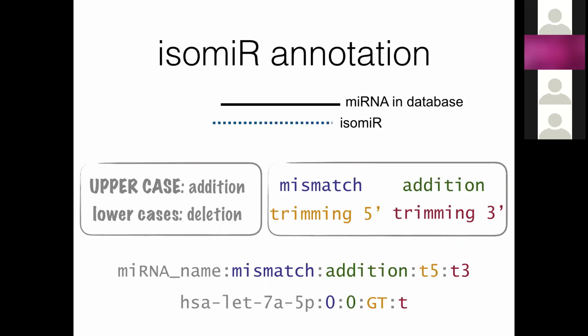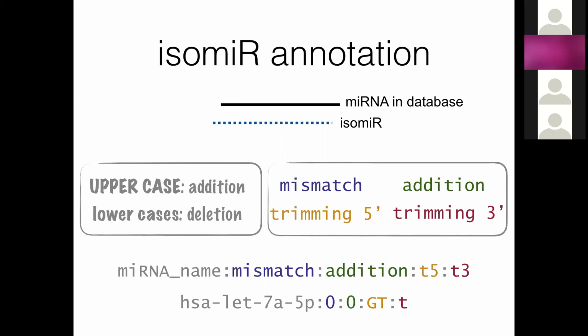An example would be: you put the microRNA name, and then 4 different tags for each of the different changes. For now it's 0 or NA, we are still working on that, but 0 will mean that there is nothing, so it is the same as the mature sequence in miRBase.